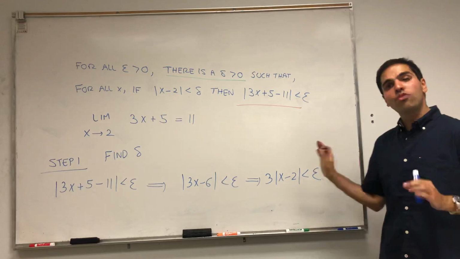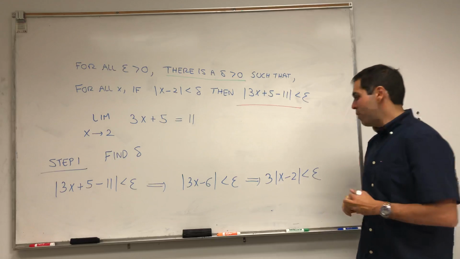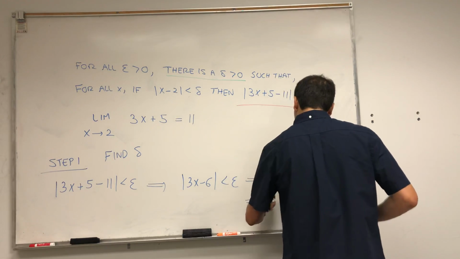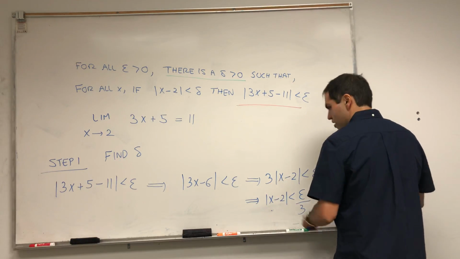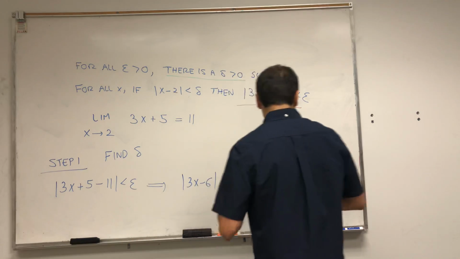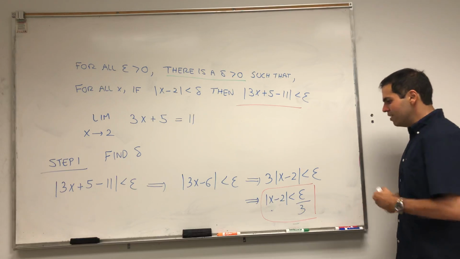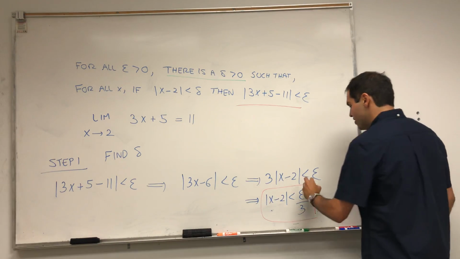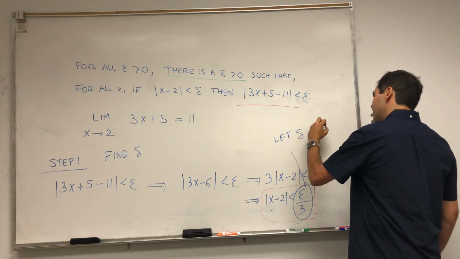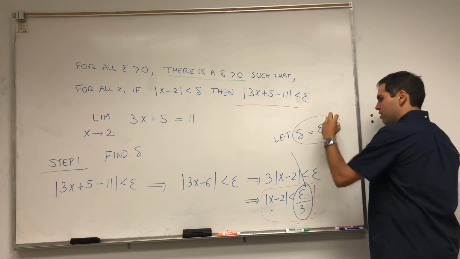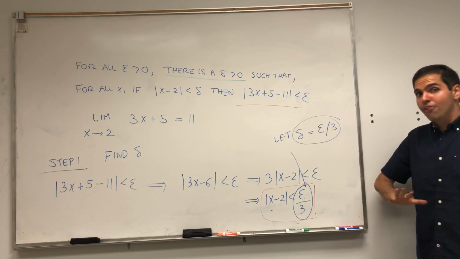And this will always be true in those easy problems, your x minus 2 will just pop out. So x minus 2 is less than epsilon over 3. I will show you how to do this for harder problems. This calculation should tell you that you can actually find a delta. So how about delta equals epsilon over 3? Again, this is just your rough draft.